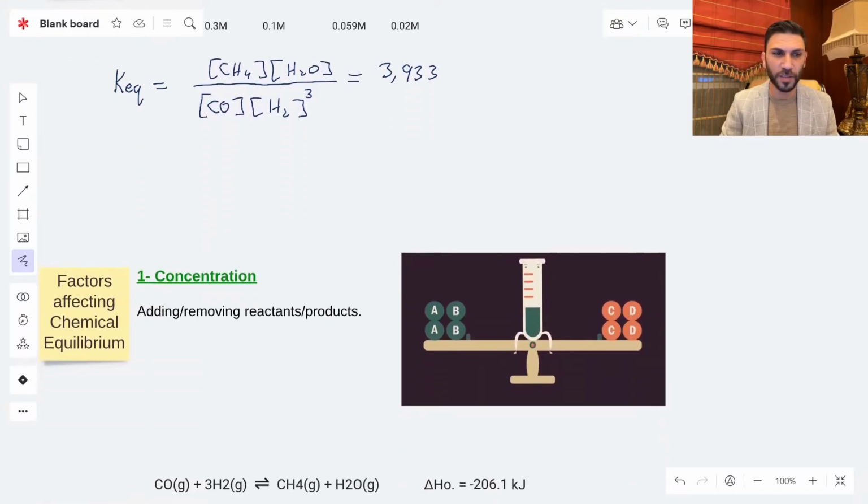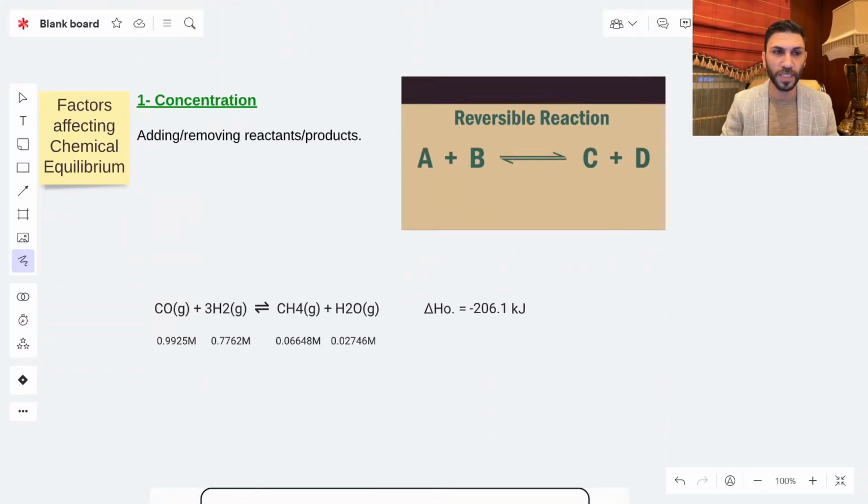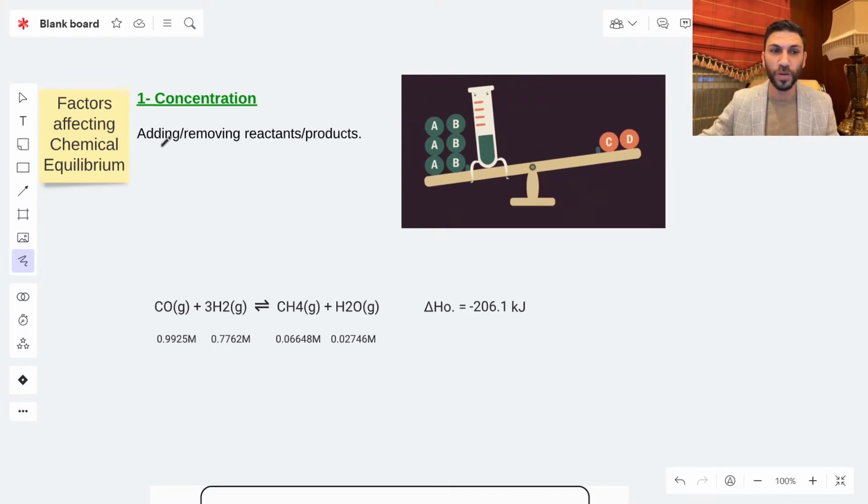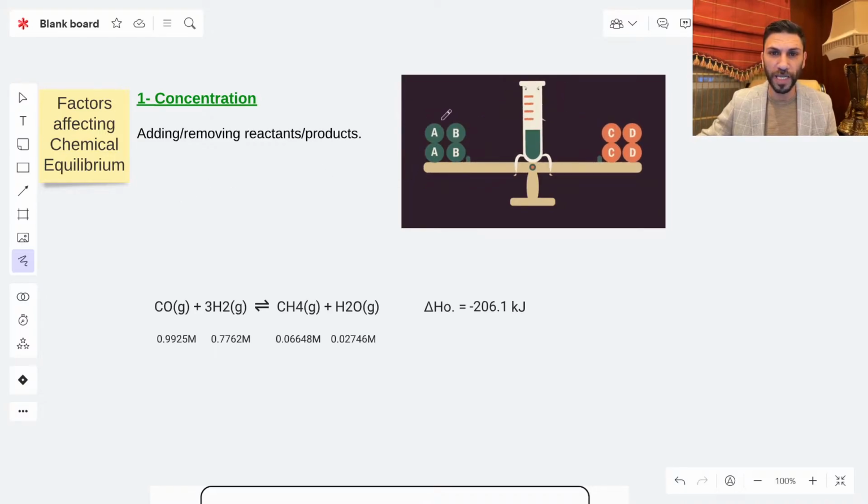The first factor that affects the chemical equilibrium is the concentration, whether it's the concentration of the reactant or the product, whether it's adding a reactant or product or removing a reactant or product. Look at this image, for example. Here we are adding more AB, which means more reactant.